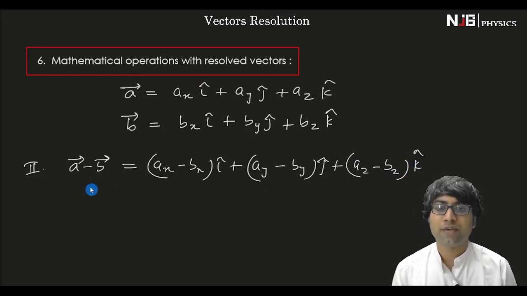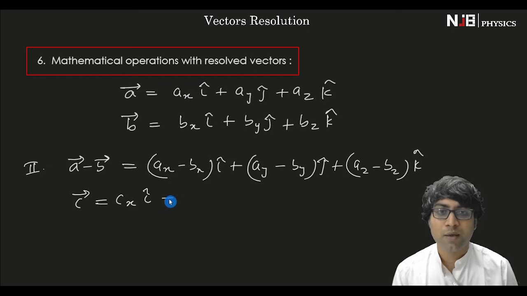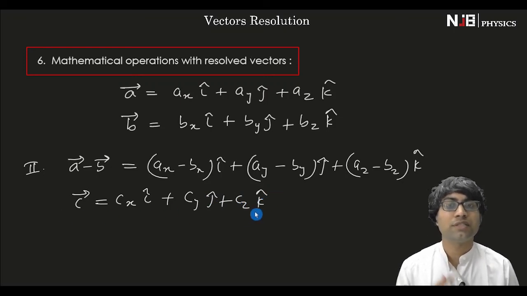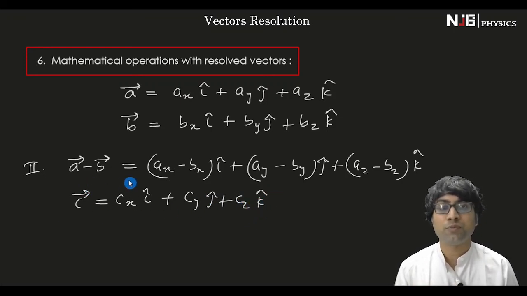Again, we can call this a vector minus b vector by some other name, let's say c vector. So c vector will be equal to cx i cap, where cx is ax minus bx, plus cy j cap plus cz k cap. And now we can find everything about this c vector, which is nothing but a vector minus b vector, depending upon what our requirement is.